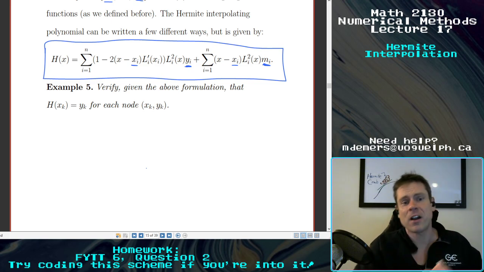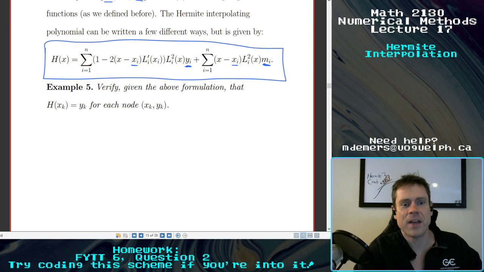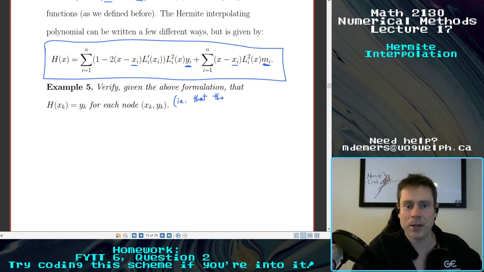Okay, so we're going to verify, given the above formulation, that h of xk is equal to yk for each node xk, yk, i.e. that the resulting polynomial does pass through each node.